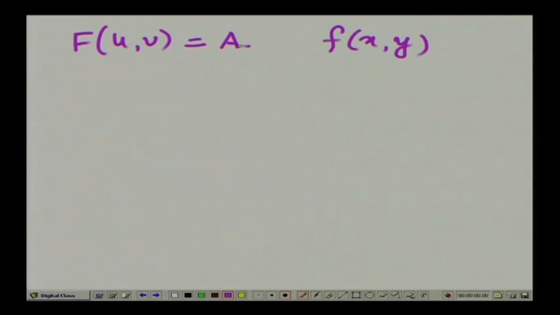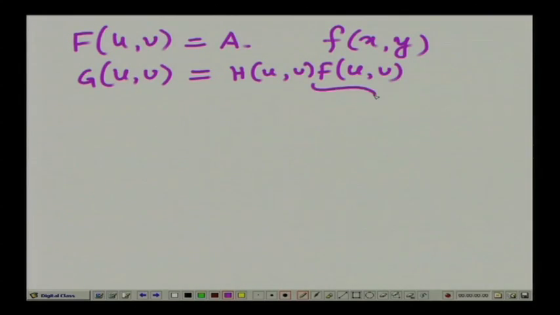That means, where f(x,y) is the input image, in this particular case the impulse, the Fourier transform of f(x,y), which is F(u,v), will be a constant, say constant A. And our relation is that the observed image G(u,v) is the same as H(u,v) times F(u,v).